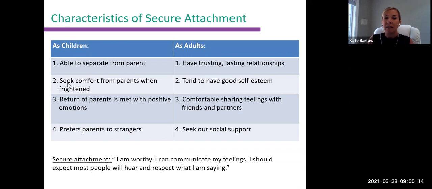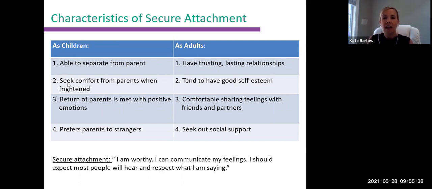As a child, they may seek comfort from parents when they're frightened. And as adults, they tend to have good self-esteem. As children, when their parents return, they meet them with a positive emotion. And as adults, they will be comfortable sharing feelings with friends and partners. And as children, they prefer their parents to strangers. And as adults, they seek out social support.